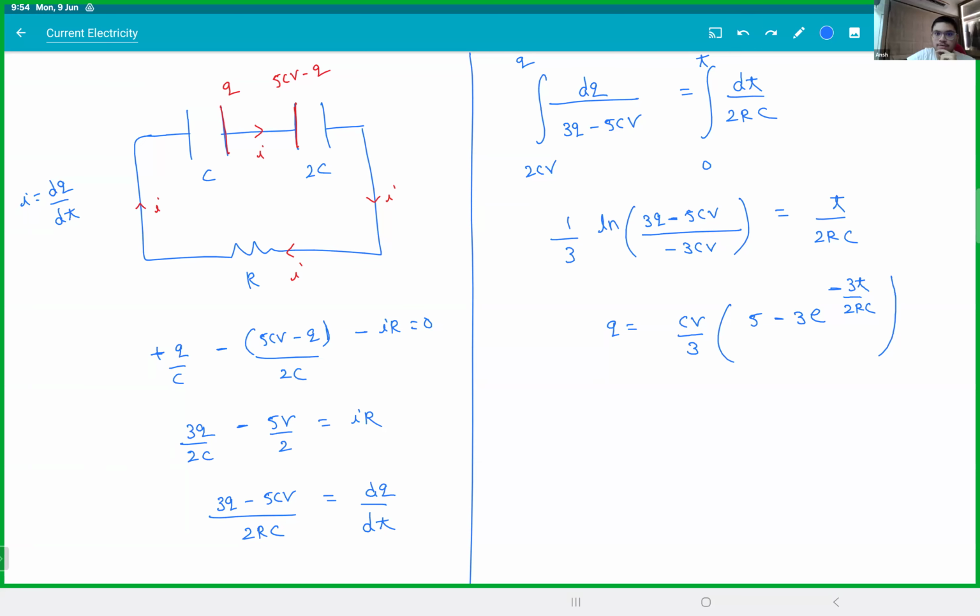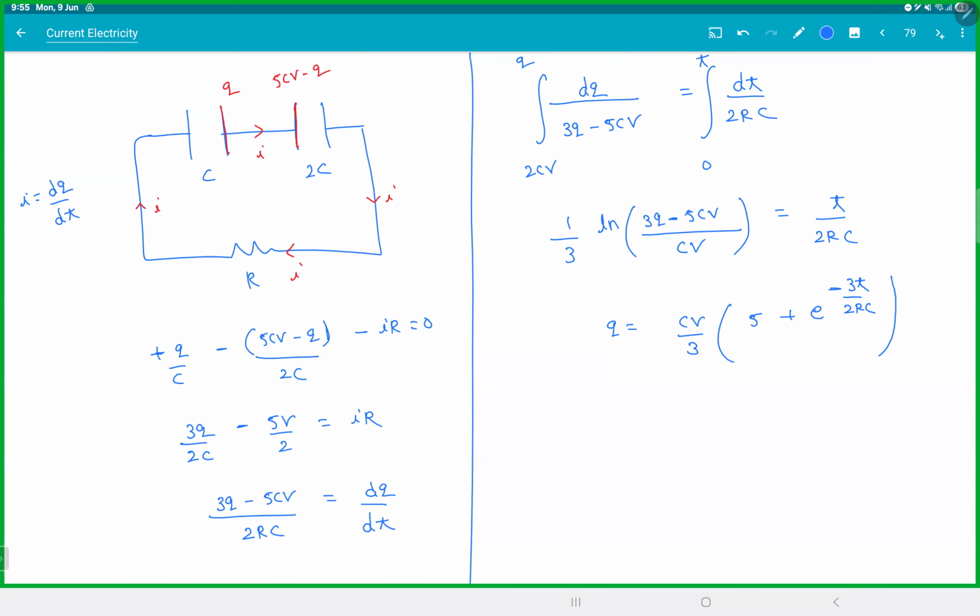In the integration of dq, the denominator will be 3q, meaning 3 into 2 CV, meaning 6 CV minus 5 CV. Then you do CV. I made a mistake there. I did not multiply by 3. फिर अभी +1 आएगा वो. सही बोल रहे हो. Clear?